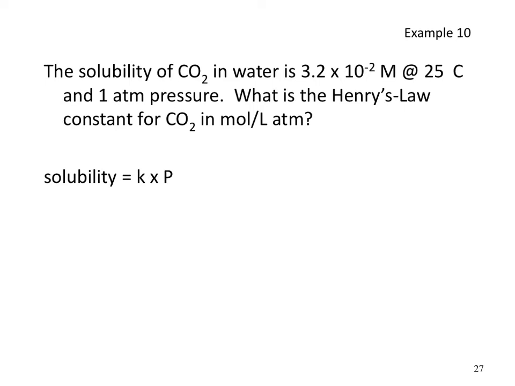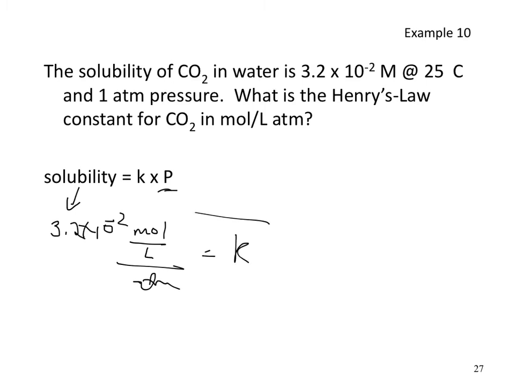Now realize, since we are maintaining the pressure of air, the partial pressure that is provided for this will be 1. Solubility is 3.2 times 10 to the negative 2. So this is a plug and chug type of question: 3.2 times 10 to the negative 2 moles per liter per atmosphere is going to be the value of K.